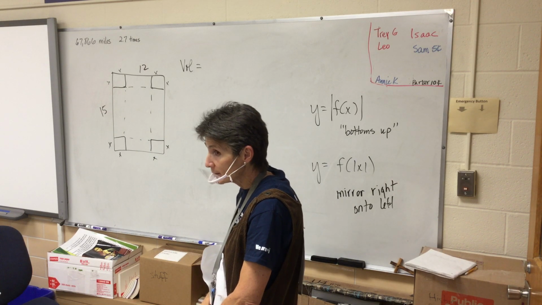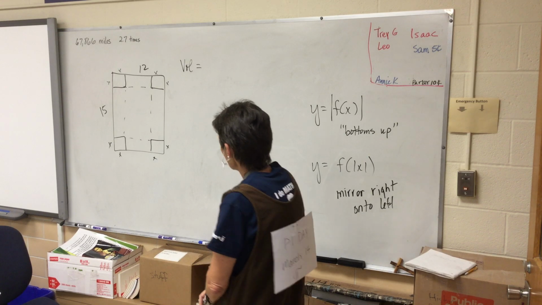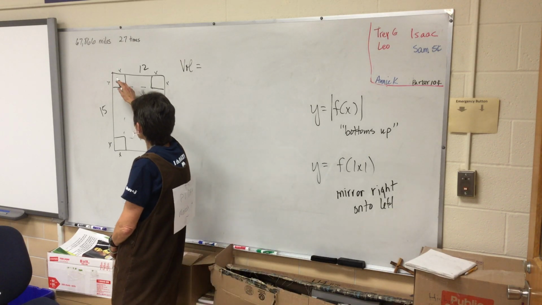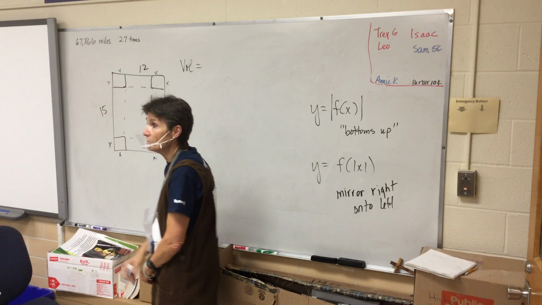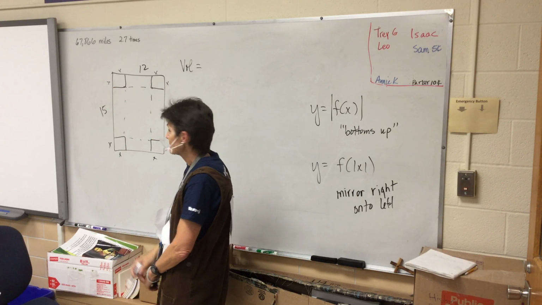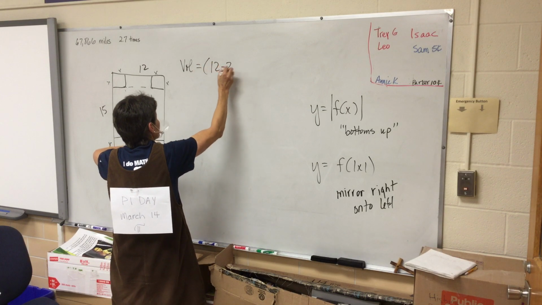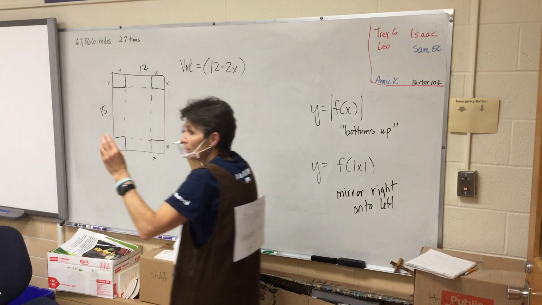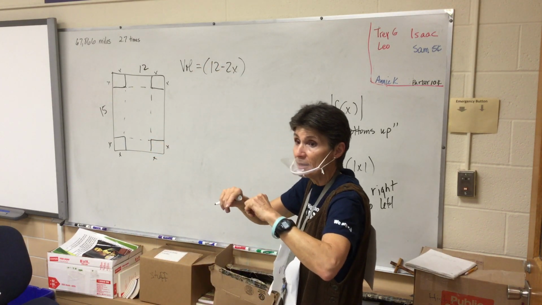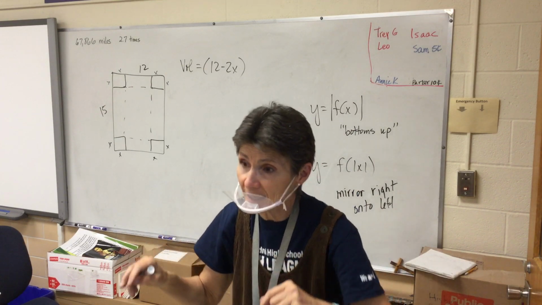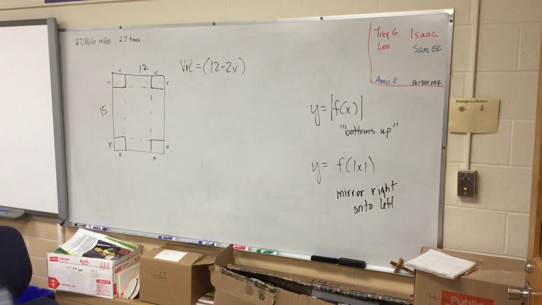Peeps, we talked about this. The original width was 12, right? What's the new width? Exactly. I don't know who said that, but you're right on target. The new width is 12 minus 2x because we chopped an x off each side. All right.